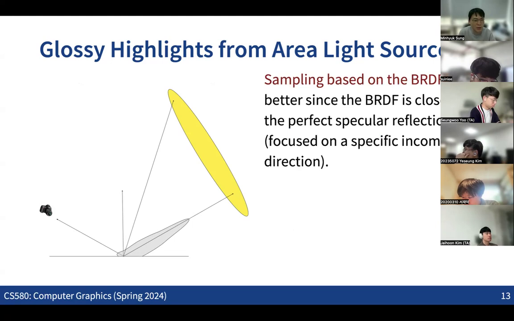This is the case where we have a glossy reflection, which is almost close to perfect specular reflection, which means that the lights coming from those directions are the most important for the final computation.